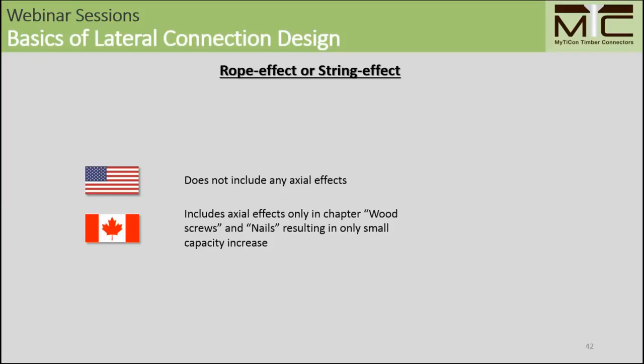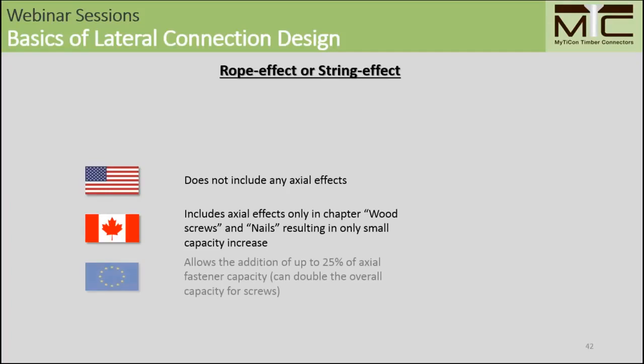And the problem is with proprietary fasteners like self-tapping wood screws, we mostly don't meet the diameter requirements of wood screws, chapter 12.11 in the CSA, so we have to calculate in accordance with the lag screw chapter, which does not account for this rope effect. So we cannot use it, unfortunately, for self-tapping wood screws in the CSA O86.